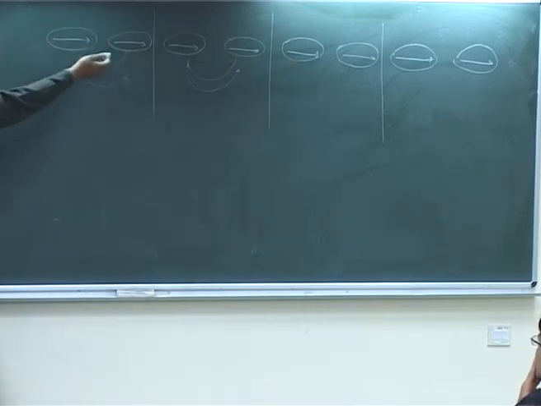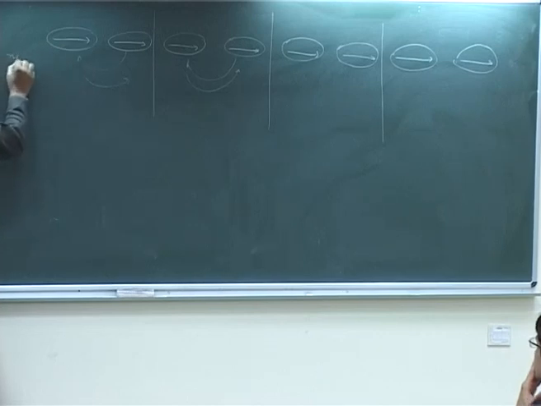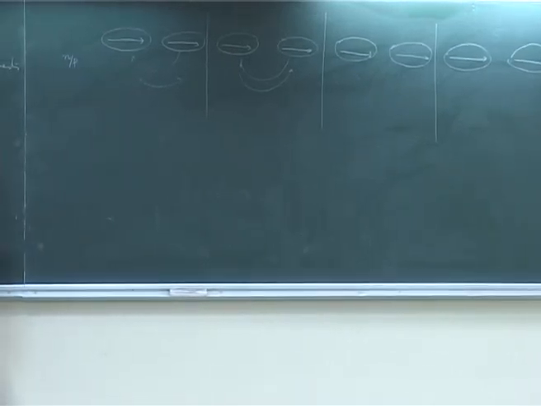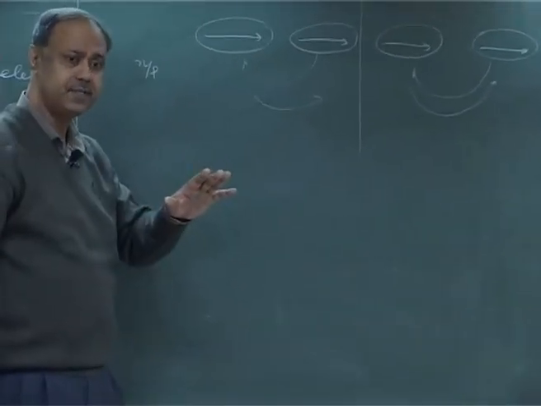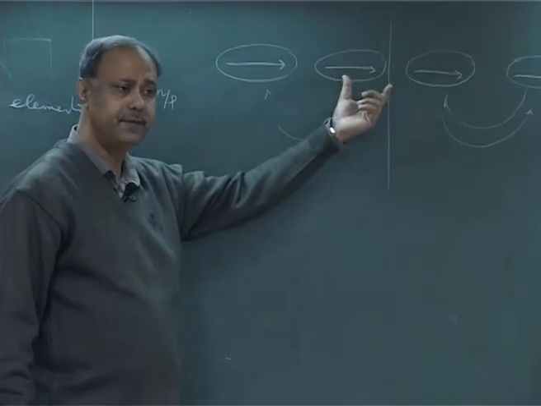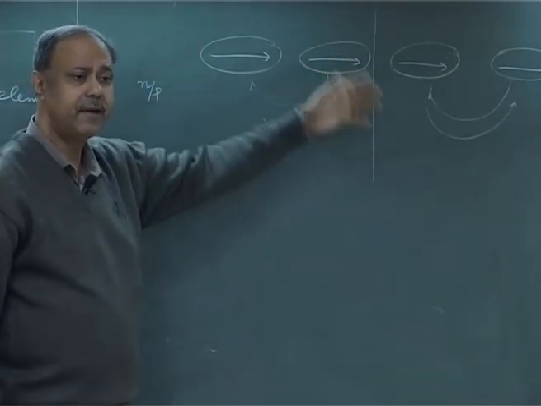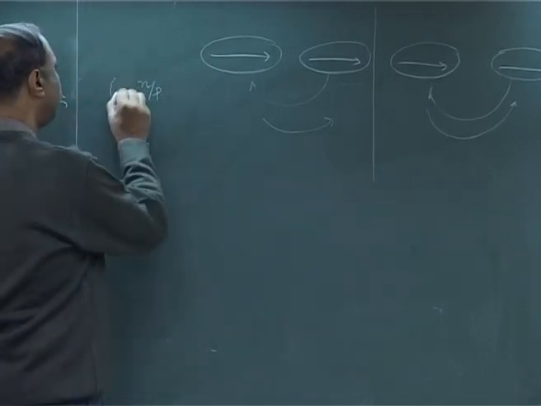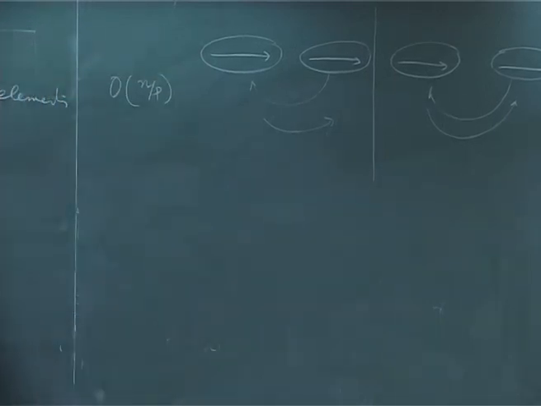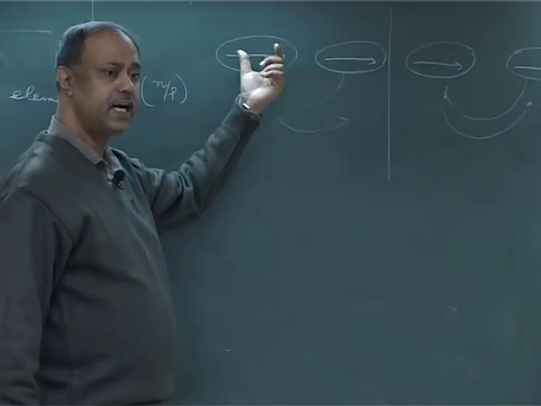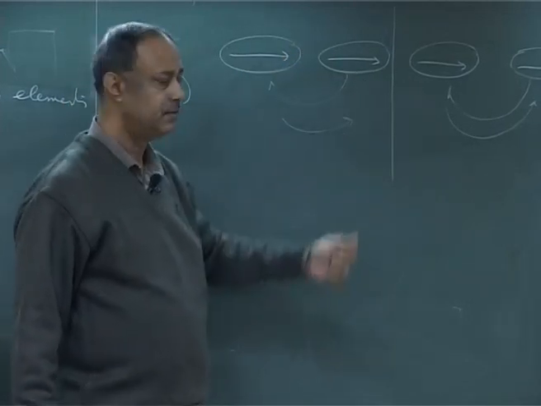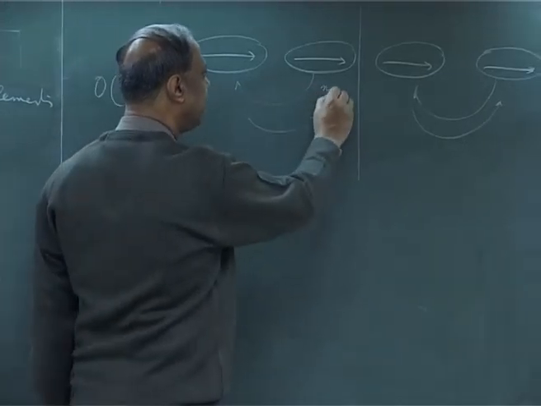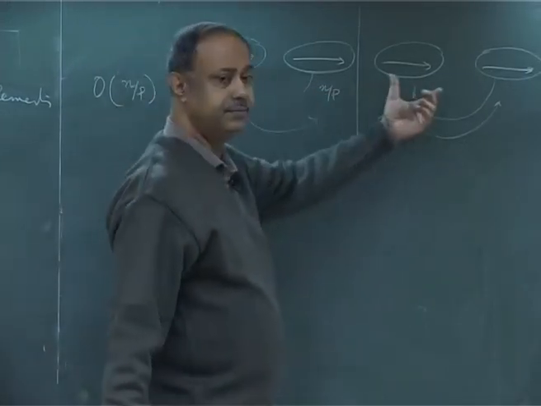So, you need to bring this data, you need n by p time, and then merging takes again n by p, because merging these two sequences is order n by p, sending back also again n by p. So, it takes order n by p time. Yes or no? Bringing the data from here to here, you need n by p, merge it n by p, send back n by p. Now, this data contains n by p sorted elements, each of them.